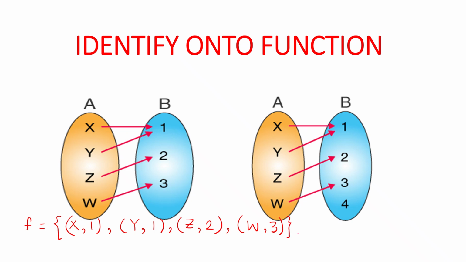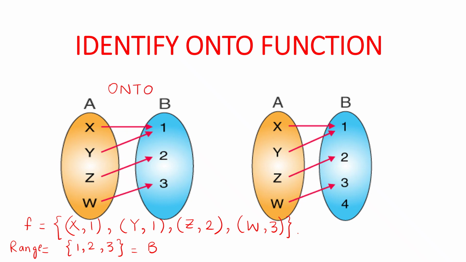Now check for the range. Range is 1, 2, 3. Which is equal to set B. When range is equal to set B, it means the function is an onto function.